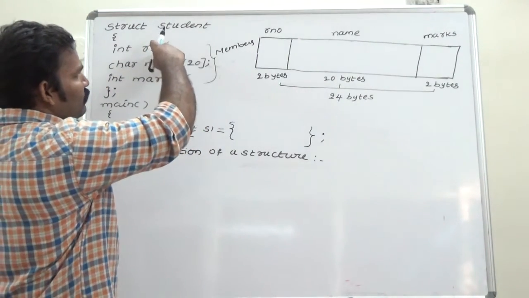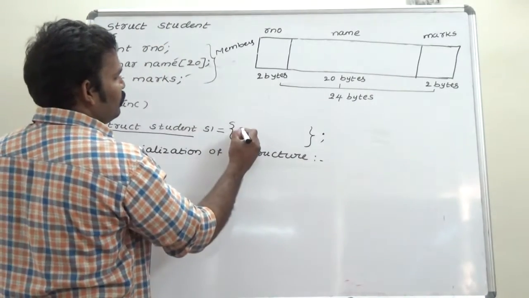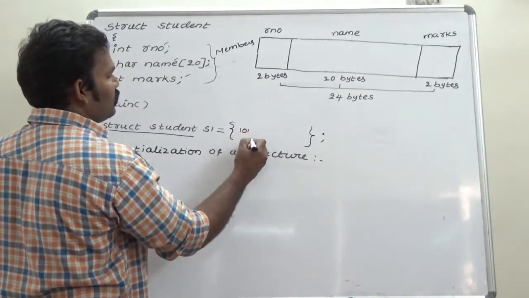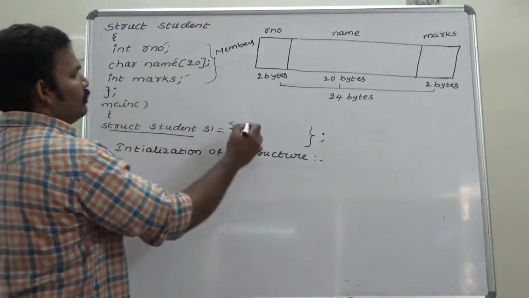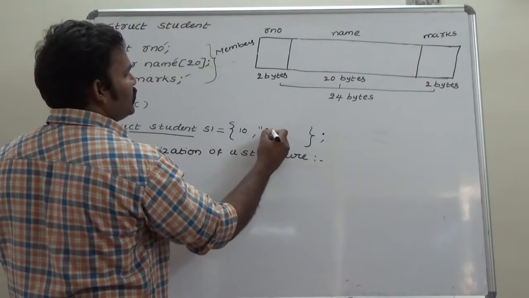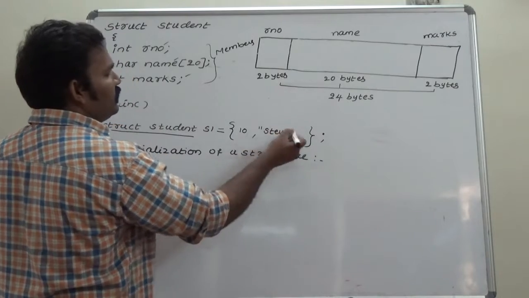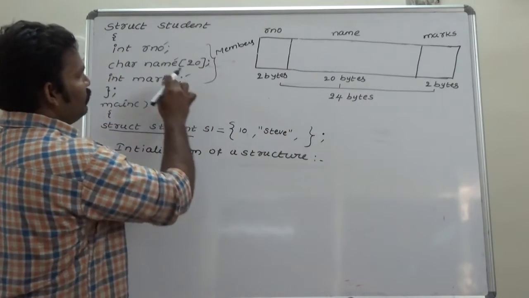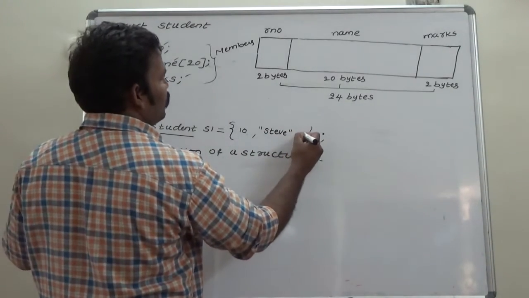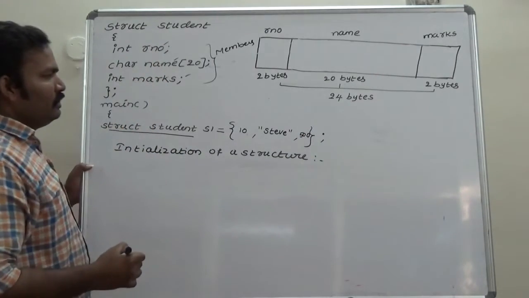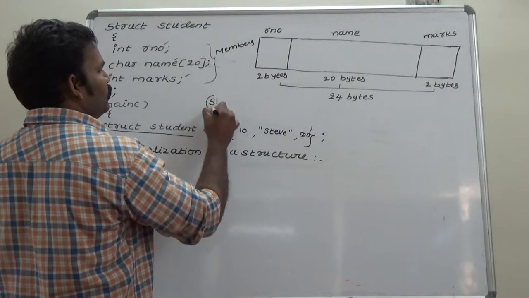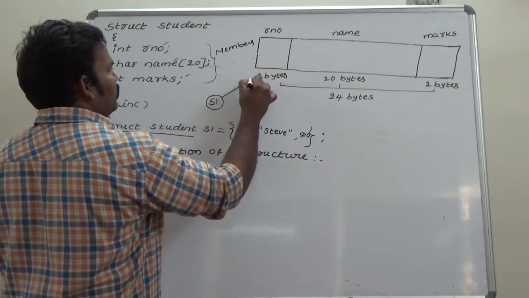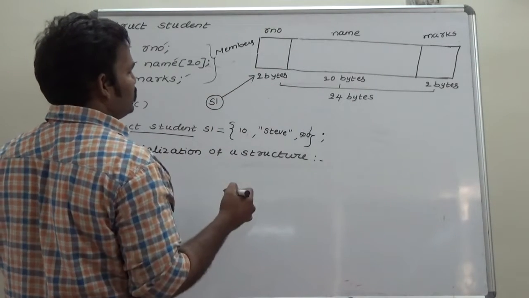The first member is roll number, for suppose 10. Then the name; the name string must be enclosed within double quotes, comma, marks, for suppose 500. Here S1 is the reference variable.